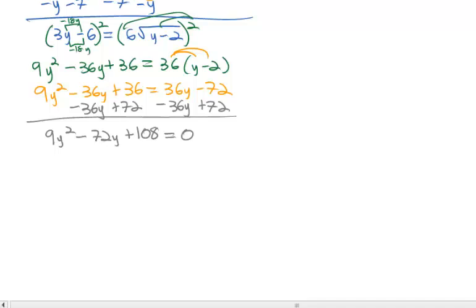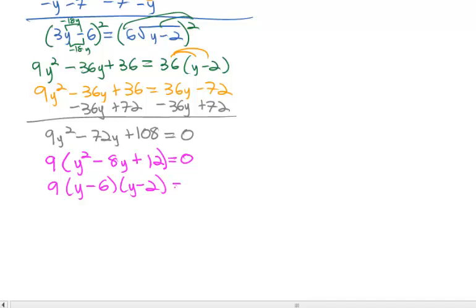Now we can factor. Remember, with factoring, we always look for the GCF first, and this has a GCF of 9, which is really convenient, giving us y squared minus 8y plus 12 equals 0. And then continuing to factor, that's y minus 6, y minus 2 equals 0.